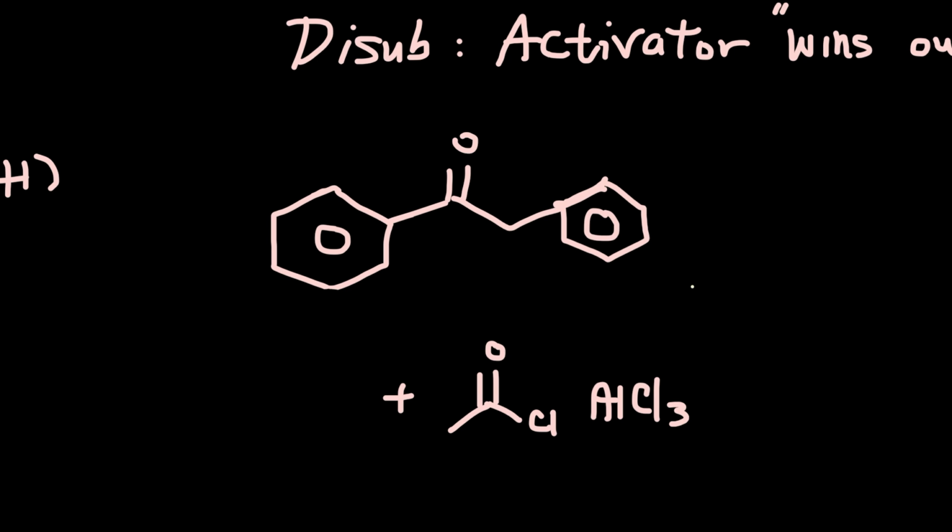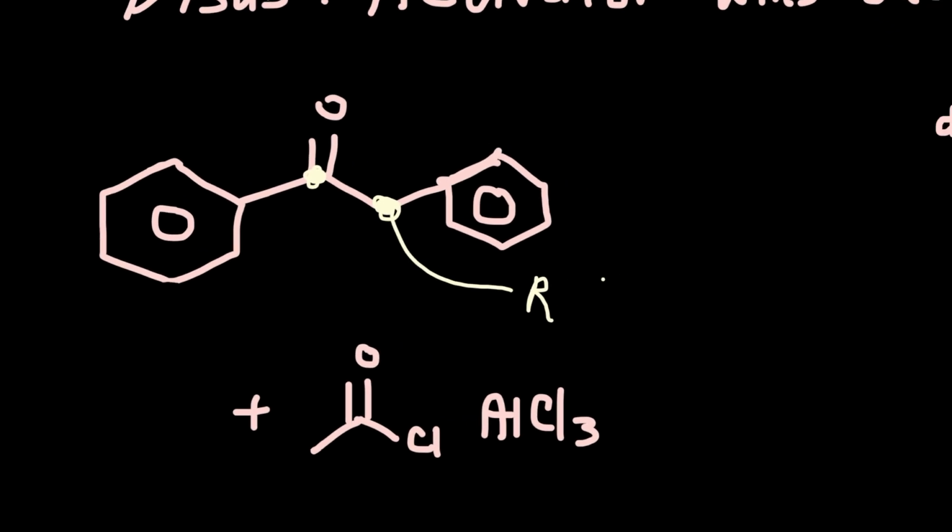Now for this example, we want to add this group on the benzene, but we have two benzenes, so which one should we add it on? First, if we think about this benzene, we have a meta director, and if we put it on this benzene, we have an ortho-para director because this is an alkyl group, okay?